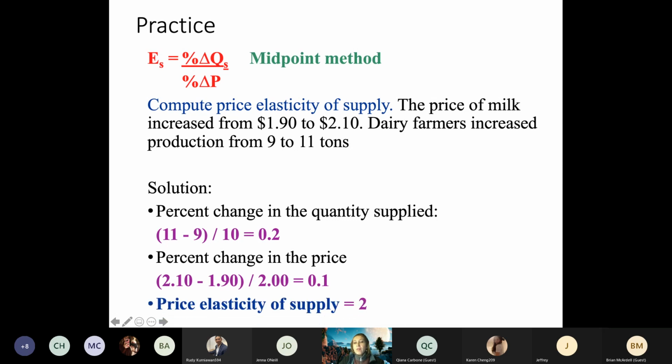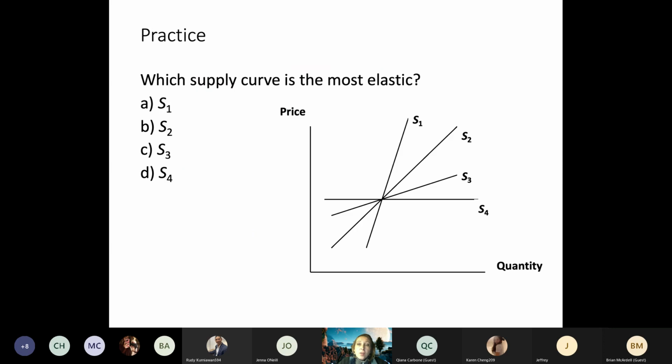So now you have the elasticity. One divided by the other, you have a 2. So the same idea applies. It's elastic, quite elastic, right? More than 1. It's always positive.